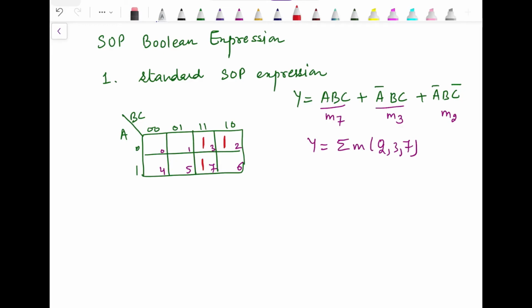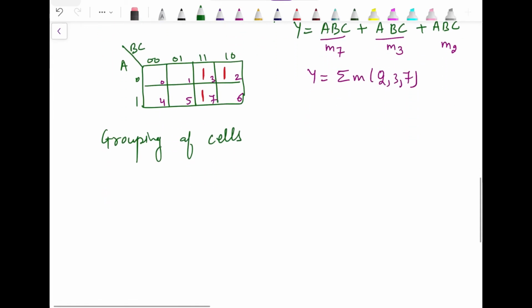Place the ones corresponding to the minterms which are given in the expression. Now once we write this, after that we need to do the grouping of the ones. Once all the minterms are placed, we need to do the grouping of minterms in the cells.